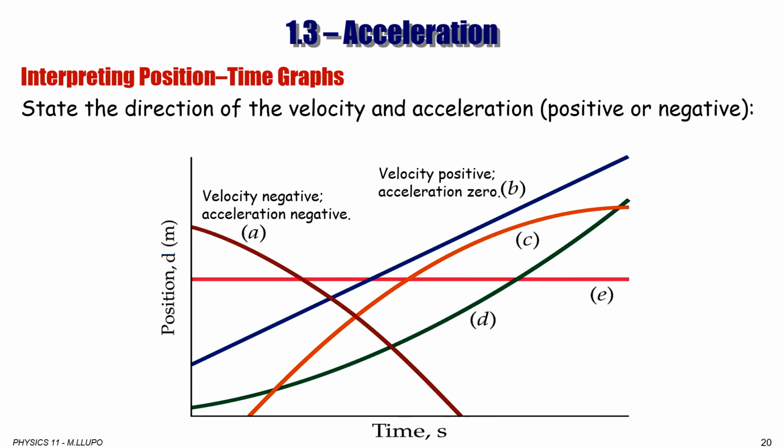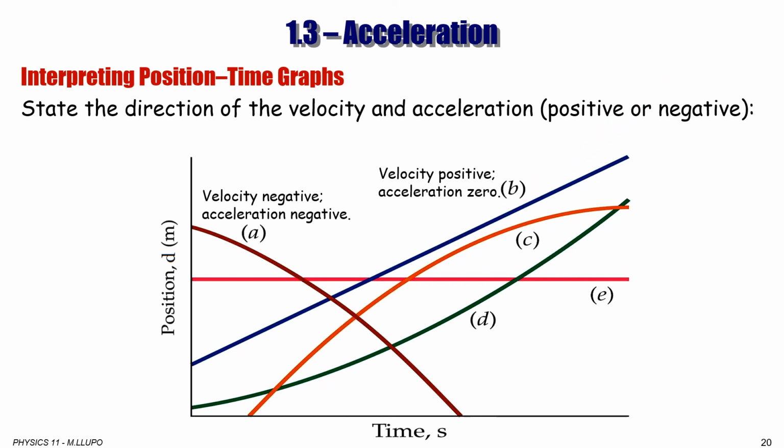For graph B, it is very easy because it's a straight line going up, so velocity is positive, and acceleration is 0 because it's uniform motion. The slope of that line is constant, so acceleration is 0. Next one would be graph C. If you draw a tangent on graph C, it is going up.